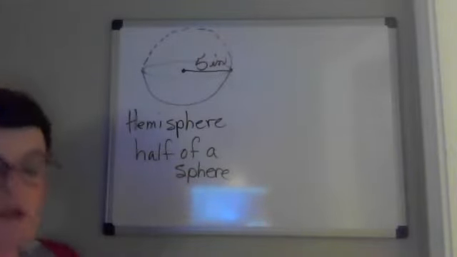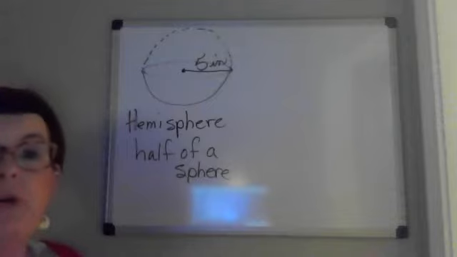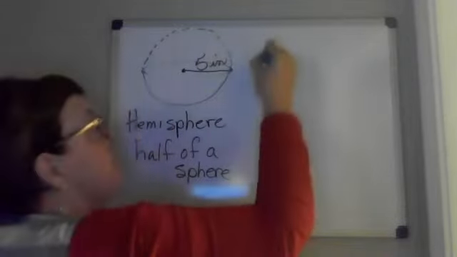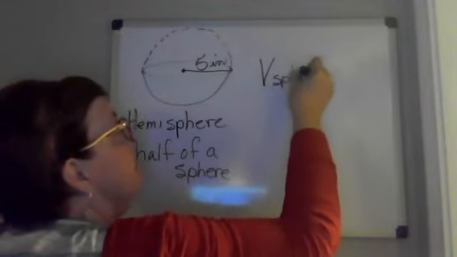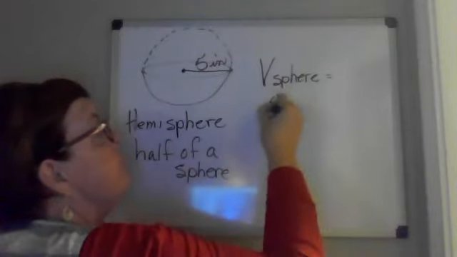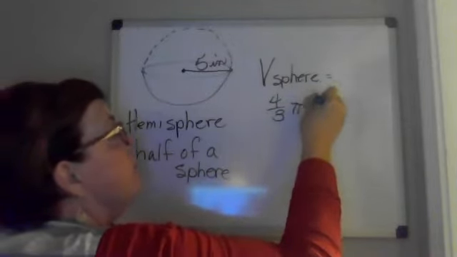I just want to find the volume of half. And the easiest way to do that, or probably the only way we're going to do it, is to find the volume of a sphere, the entire sphere. It equals 4/3 pi r cubed.